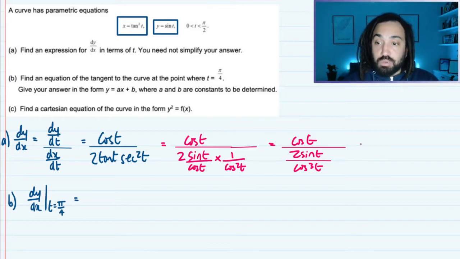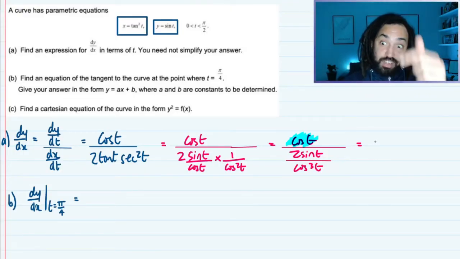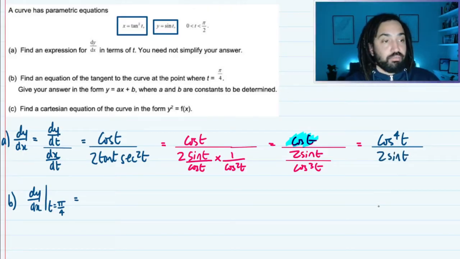So we're actually going to multiply cos t on top by the reciprocal of 2 sine t over cos cubed t. So this is going to give me, basically, that cos cubed is going to flip to the top. So it's going to become cos to the 4 t over 2 sine t.